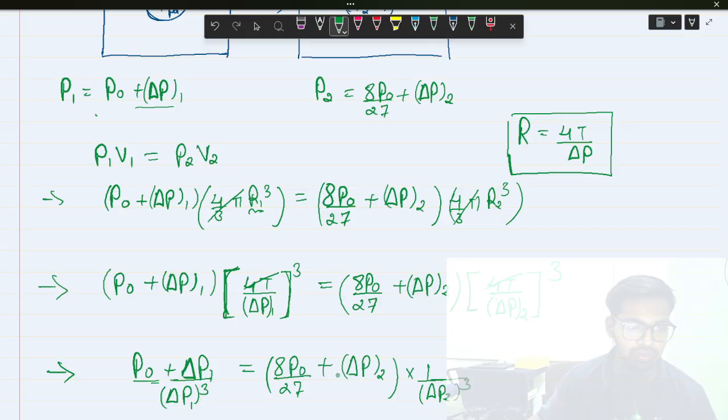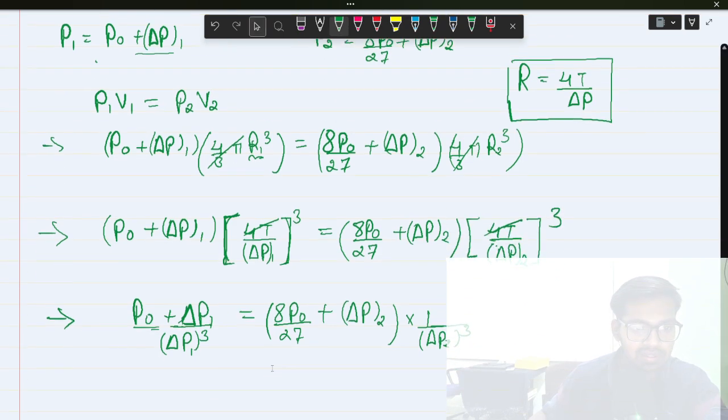There is one thing that is given to us: the excess pressure inside the air bubble is much smaller compared to the chamber pressure. So in this process, we can ignore these quantities as negligible.